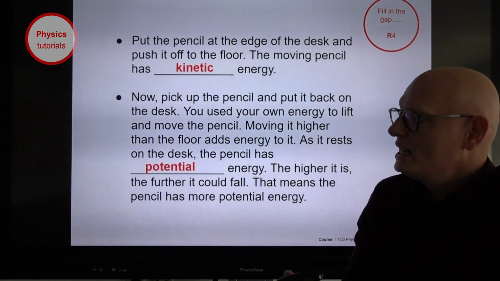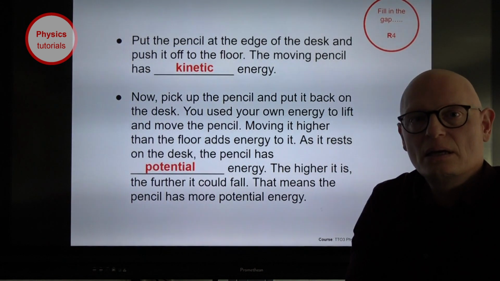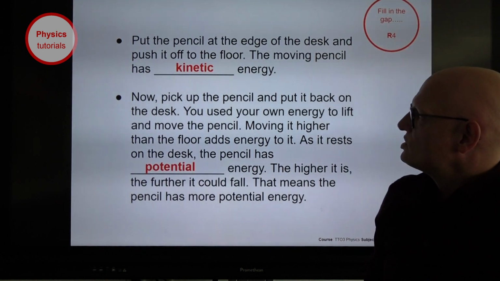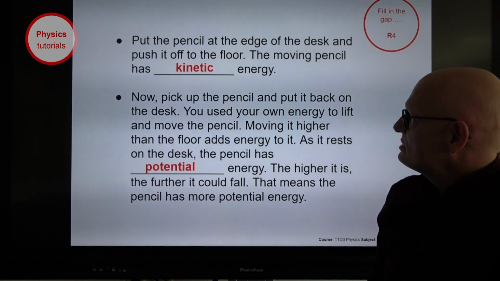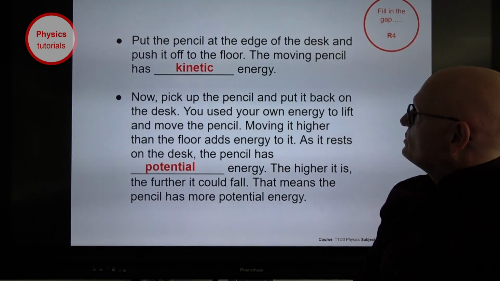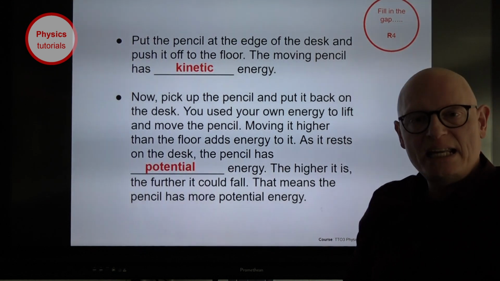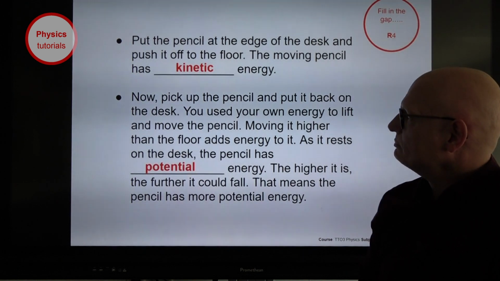So basically, the amount of potential energy becomes less, and the amount of kinetic energy becomes more. So this is not correct, actually. You should say the moving pencil is gaining kinetic energy in this case.